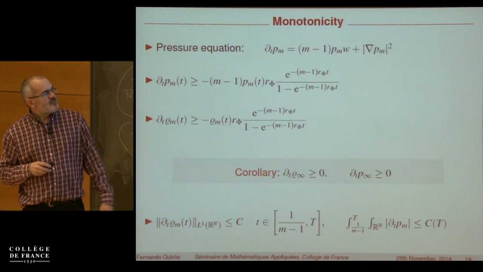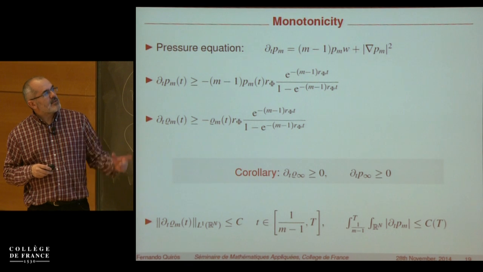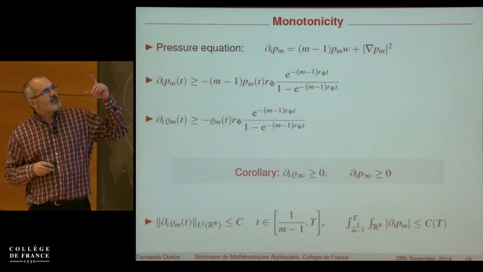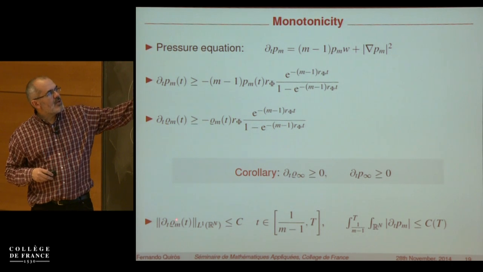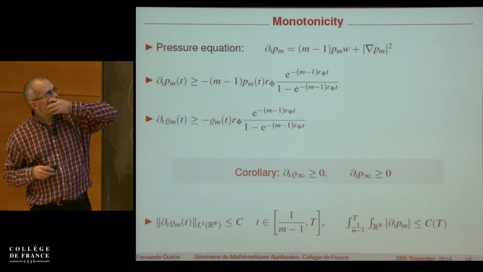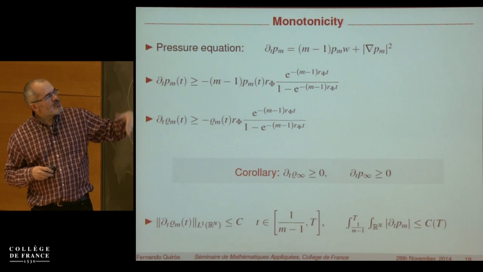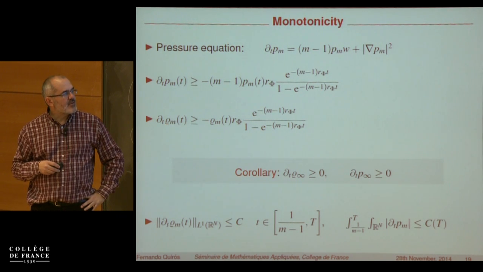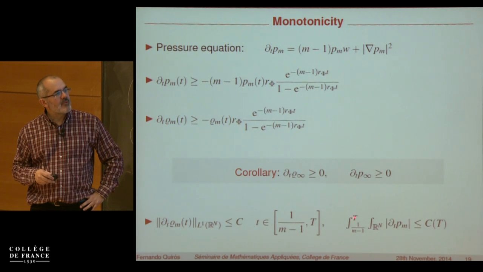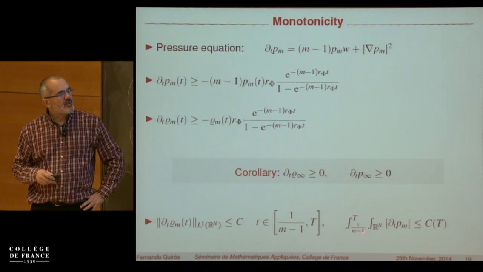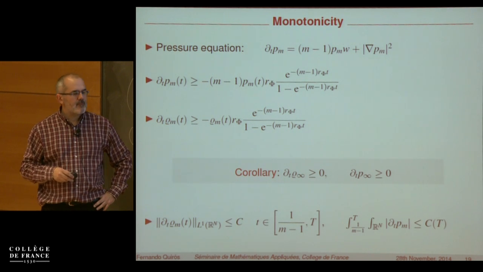But the other important thing is that with these estimates from below, you are able to obtain L1 estimates for the time derivatives of rho and p. If you want estimates for the time derivatives of p, you have to integrate in time also.